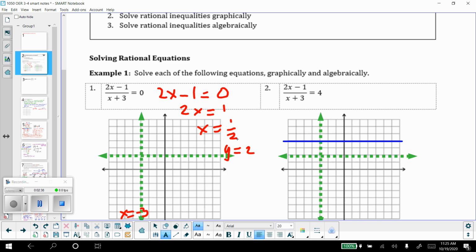That means we should have a point at (1/2, 0), so the graph must go through this point here. The whole point is to figure out where this graph equals 0, and we just found it at 1/2. So the solution to this equation is x = 1/2.